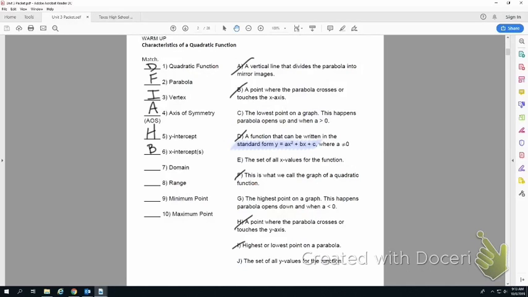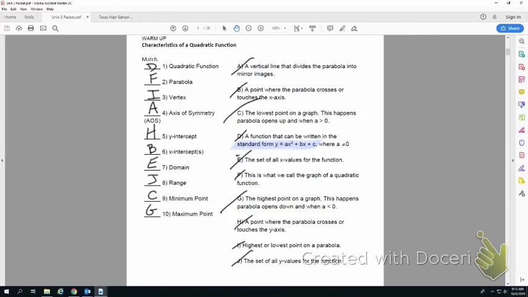E. Jacob Wilson, the range. It's J. Dalton, the minimum point. And then the last one is G, last one I got.